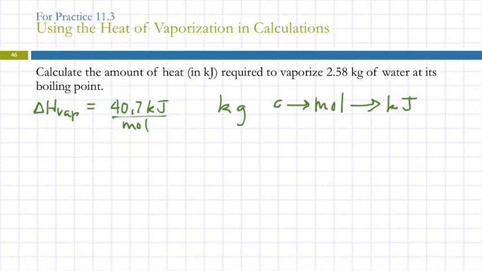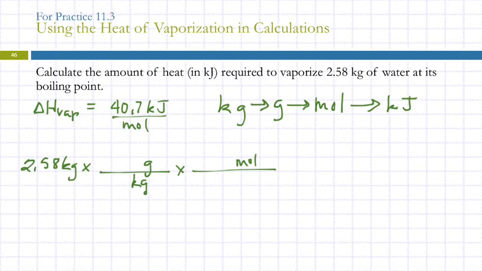Molar mass is usually grams to moles, so we need to go to grams. I have 2.58 kilograms of water. I want to convert this to grams of water, and then to moles of water, and then to kilojoules.